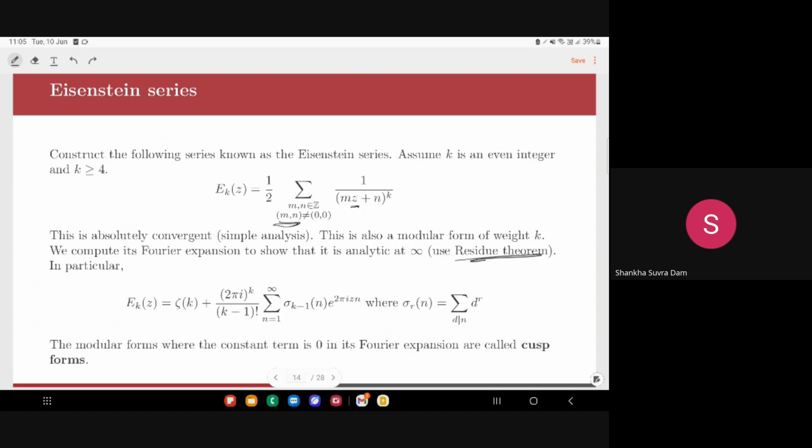And these things over here are just collecting common terms for the coefficients of q to the power n. I generally refer to this element as q, and so this would just mean q to the power n. Collecting coefficients of q to the power n together, we get this.